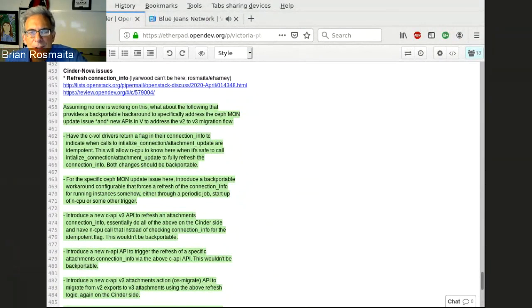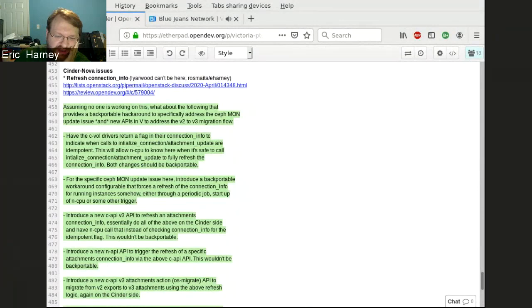Okay, right, there you go, at line 473. I was missing that about the new API. So in addition to the flag for drivers, we would have this.